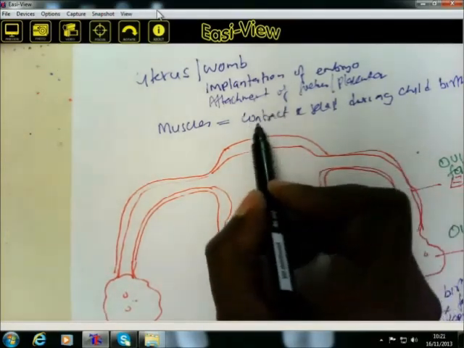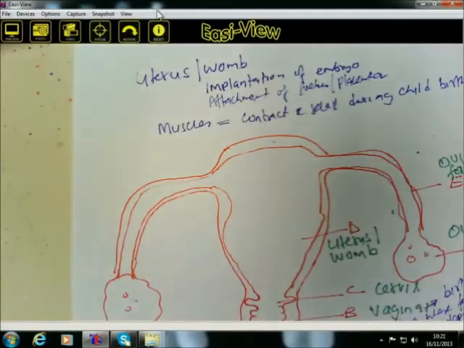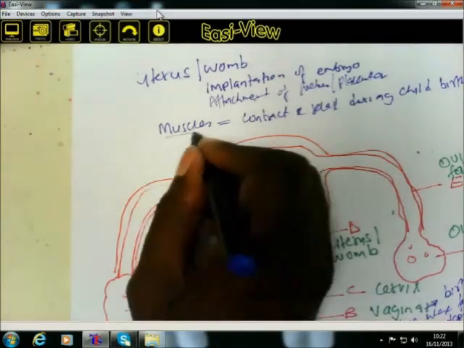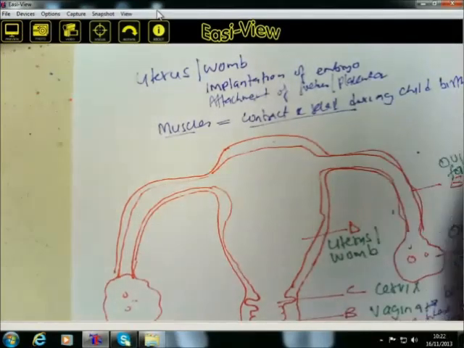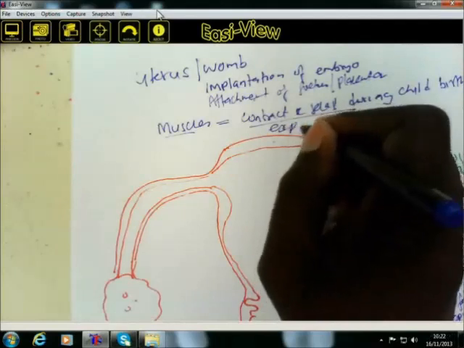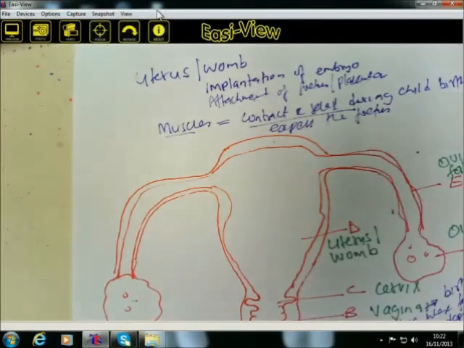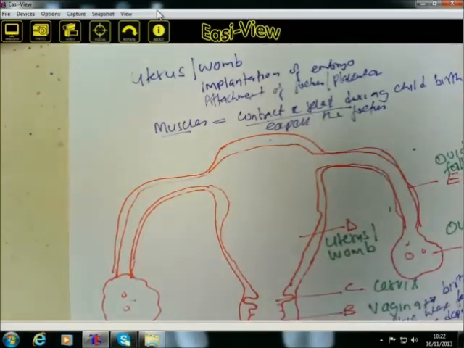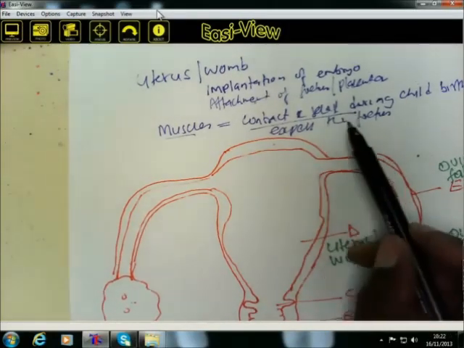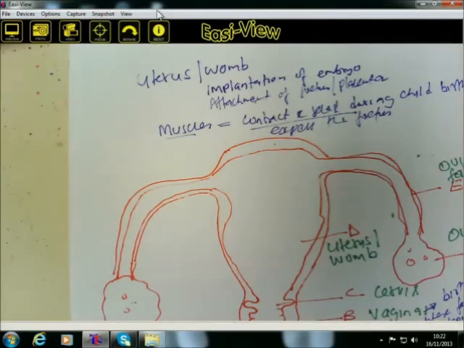Now, the question may say, explain one way in which the uterus is structurally suited for childbirth. It has muscles which contract and relax to expel the fetus. That is what I want learners to understand.